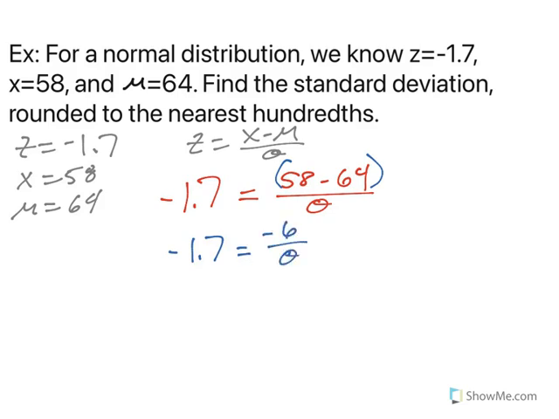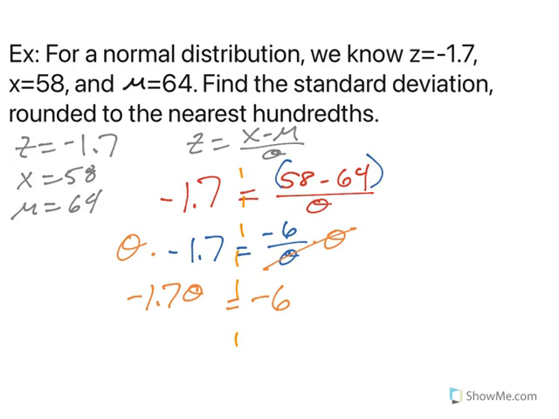Fractions are never fun to play with. So let's go ahead and multiply both sides by sigma to get rid of the fraction. So on the right side, those sigmas are going to go away. And I'm left with negative 6 equals negative 1.7 sigma. Now, at this point, sigma is basically a variable, okay?